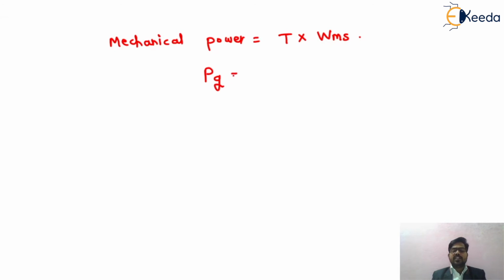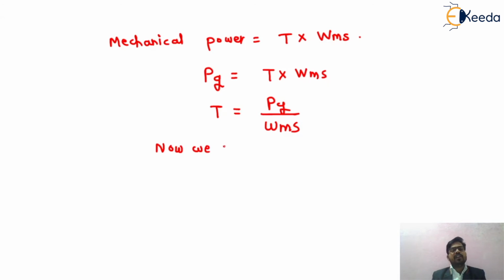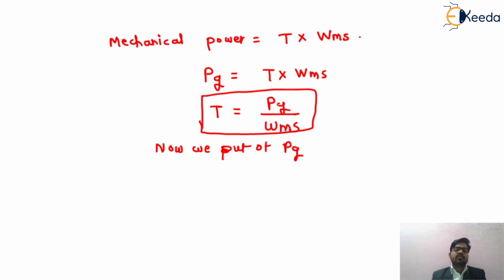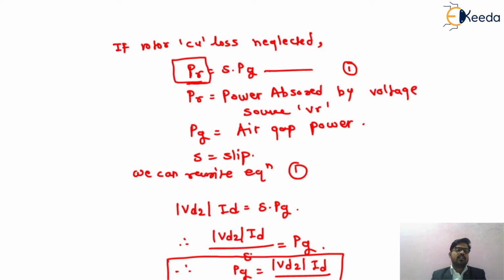So PG is equal to T into omega ms. If you want to get the value of T, we can rewrite T is equal to PG divided by omega ms. Now we can substitute the value of PG that we had already derived here into that equation.